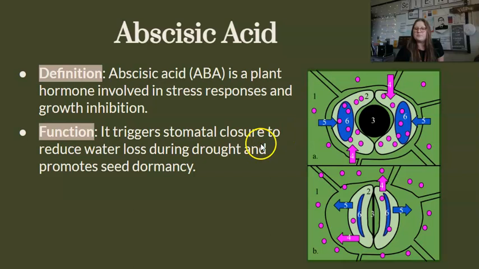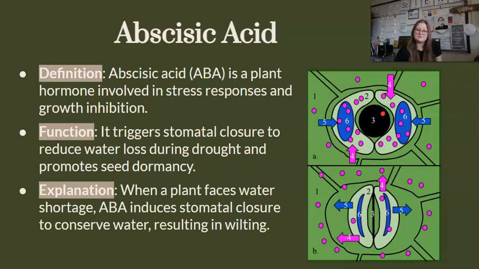But when plants don't have the water to go through photosynthesis and they don't want to risk losing any of that water, they actually close up those openings right here. These light green cells on the outside are guard cells. Guard cells will close up that opening to reduce water loss.